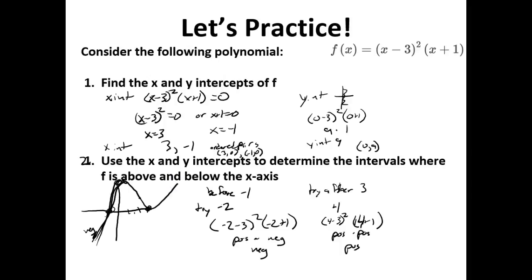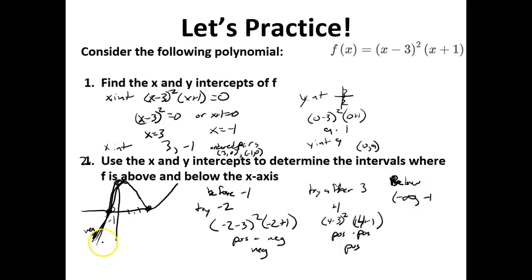And so using those intercepts and also a few other points before and after, I know where this is above 0 in here and below 0 down here. So it's going to be below on the x intervals from -infinity up to, let's see, this was -1. So up to -1.